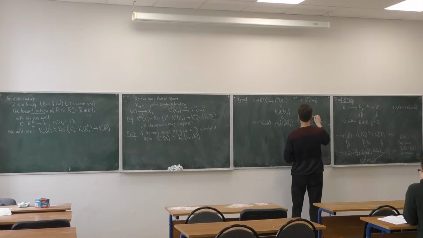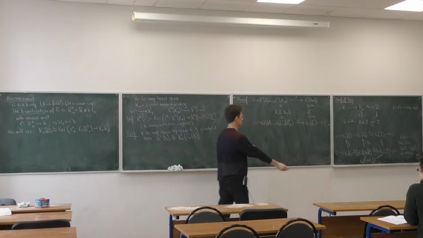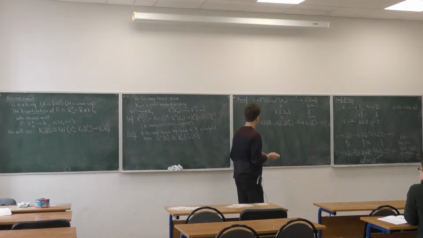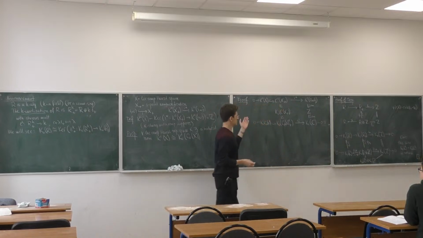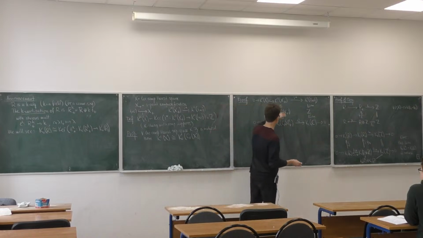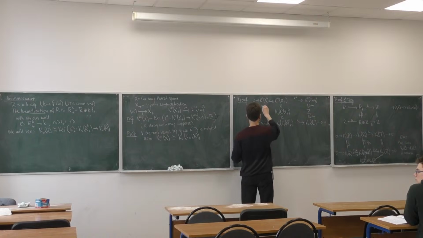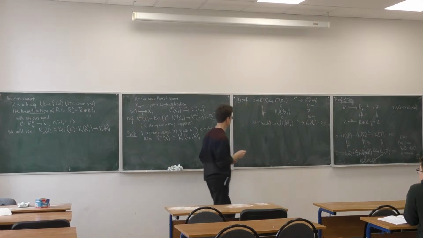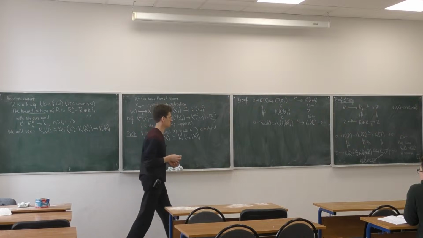So both isomorphisms are given by the dimension of a vector space. Again, the diagram is commutative, and by the commutativity of the diagram, we get a unique isomorphism between these two groups. And this is exactly what we're looking for.